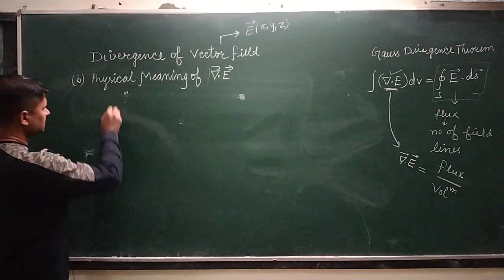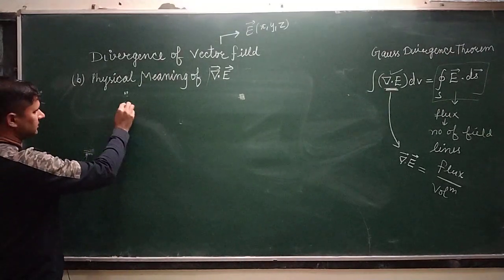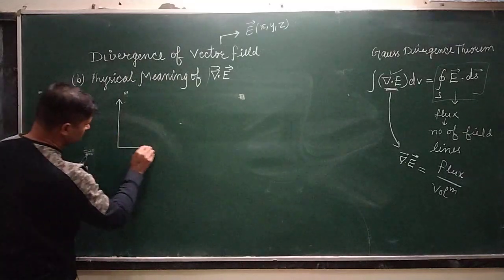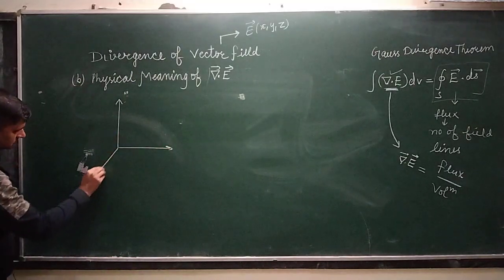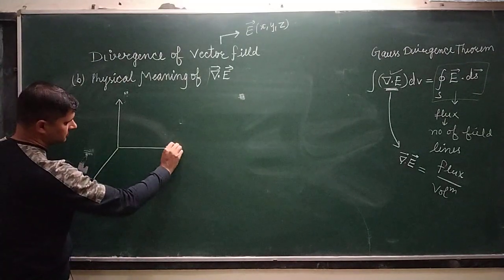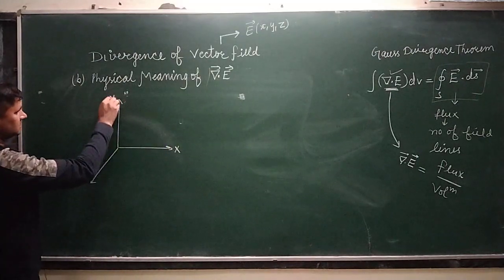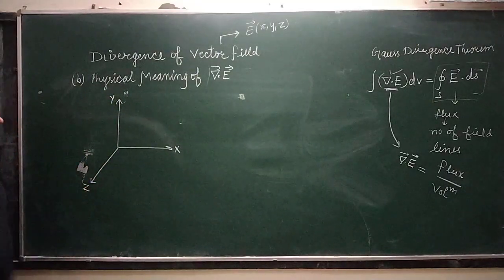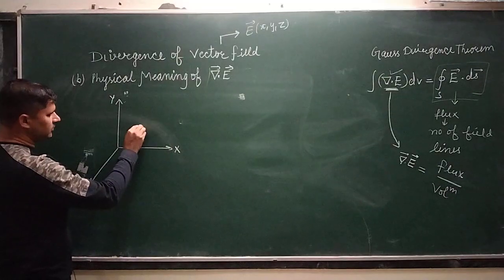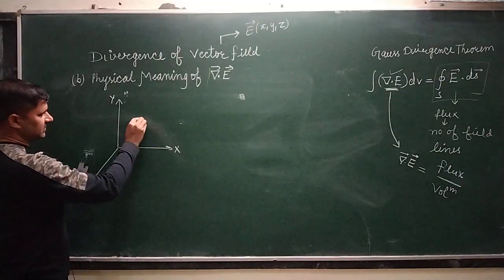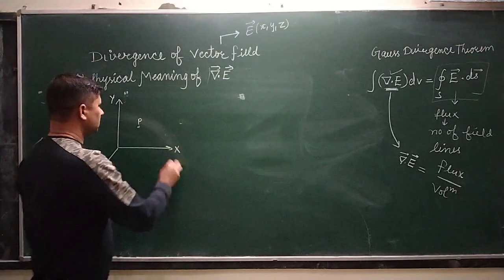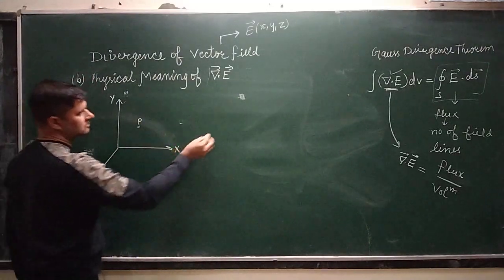Okay, and we have a point here, this is x direction, this is y, and this is the z direction, and here we have a point P, and the coordinates of point P are x, y, z.